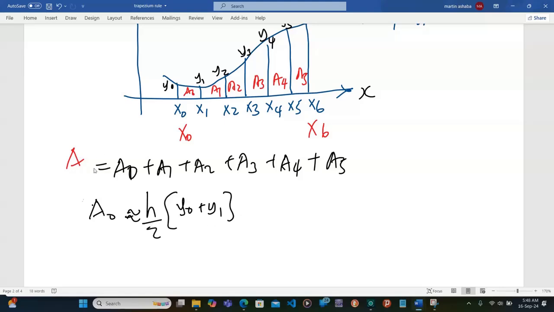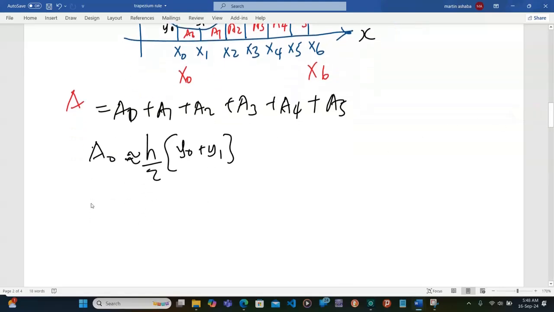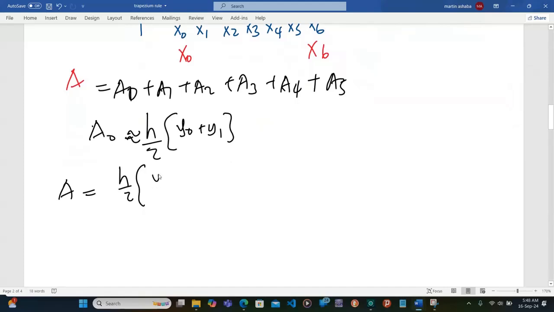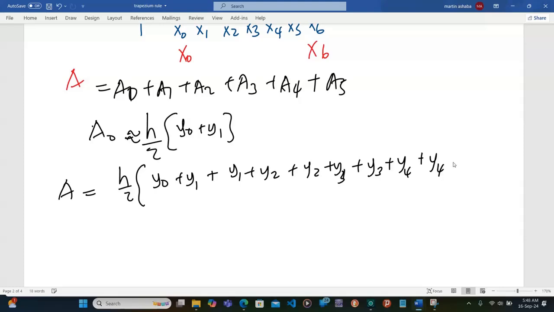So we are going to total the whole of this. A is equal to h out of 2 into, since h out of 2 is common, I just sum the rest: y naught plus y1, then plus y1 plus y2, plus y2 plus y3, plus y3 plus y4, plus y4 plus y5, plus y5 plus y6.